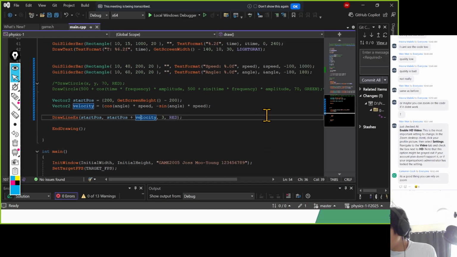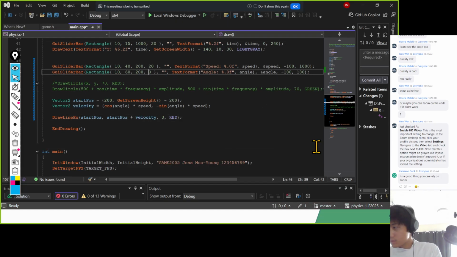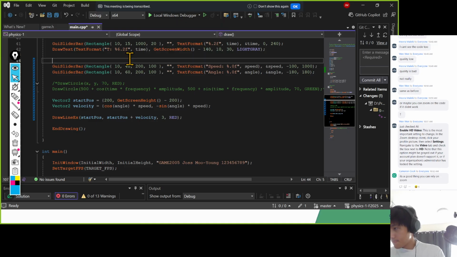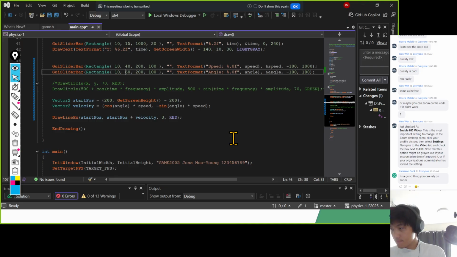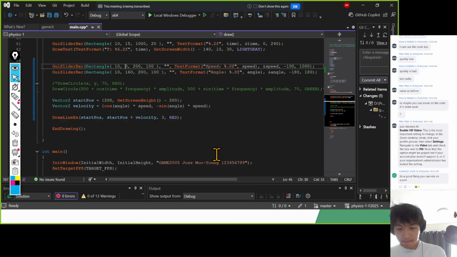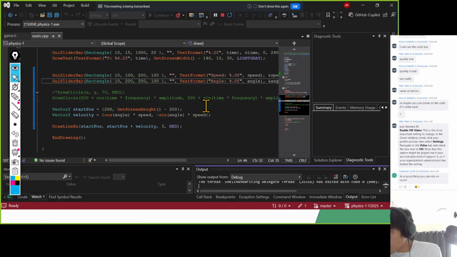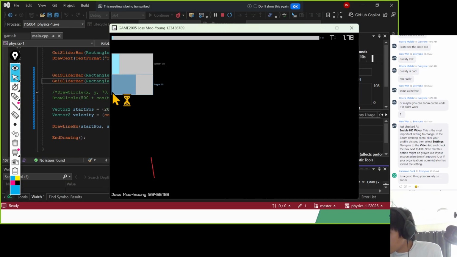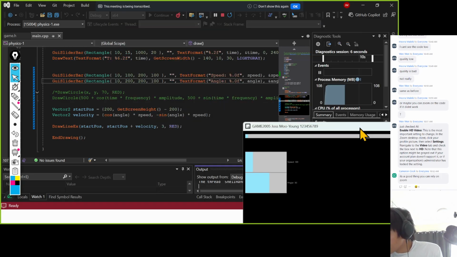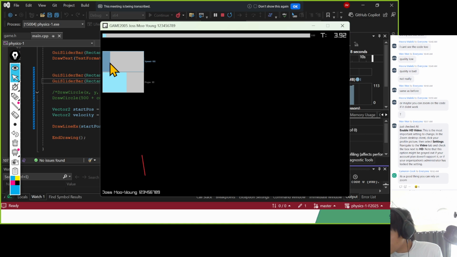Here, I'll make it bigger so you can see more. Okay, I'm gonna make these sliders really big. Oh, the font size isn't that big. Yeah, you can't really see the font size too much.